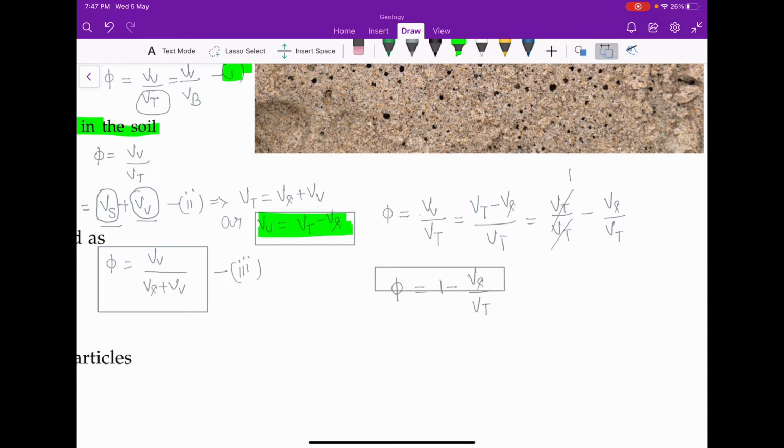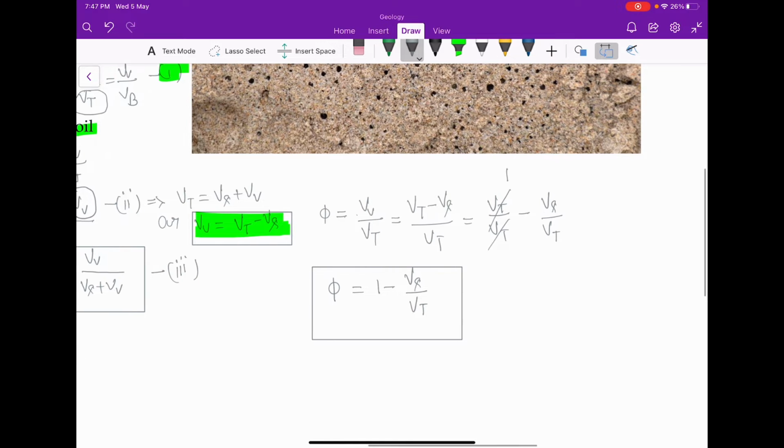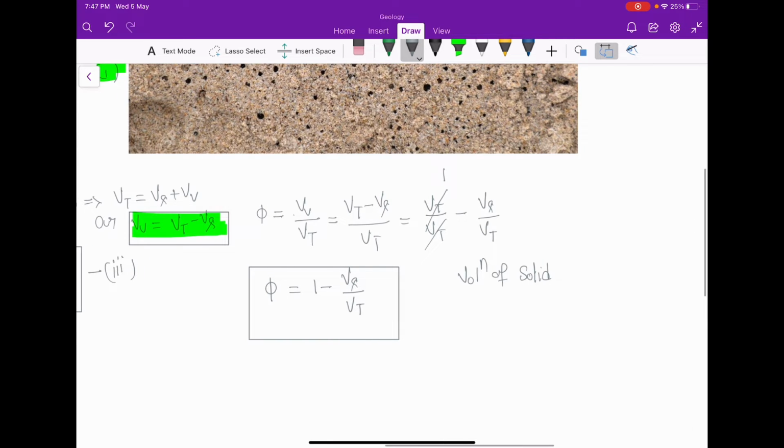So this is the formula for porosity in terms of volume of solid present in the sample, where Vs is the volume of solid and Vt is the bulk volume, or we can say total volume of the sample.